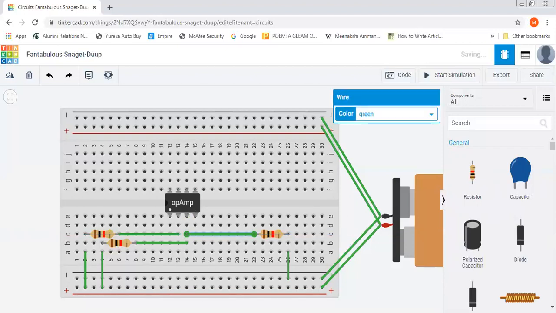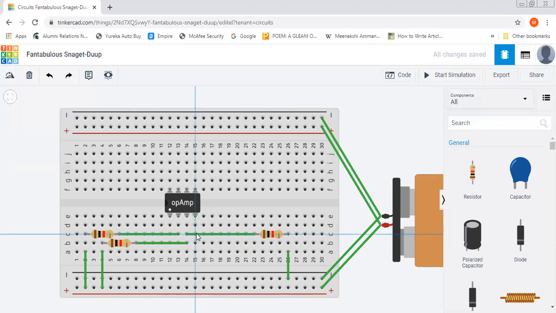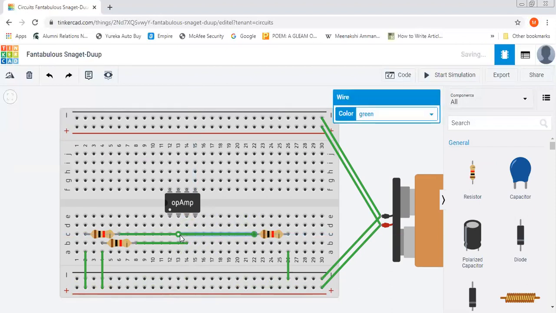And let us look at the circuit now. You can see in this circuit that this photoresistor is connected between the non-inverting terminal of op-amp and ground. Like this.